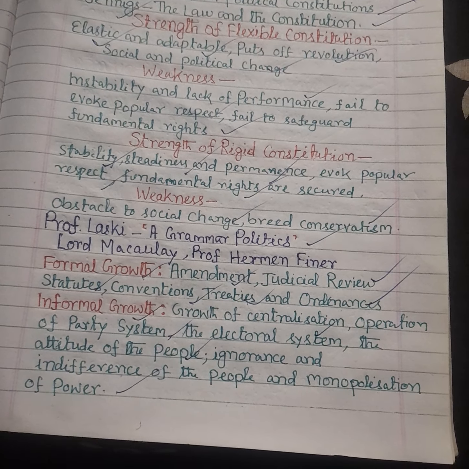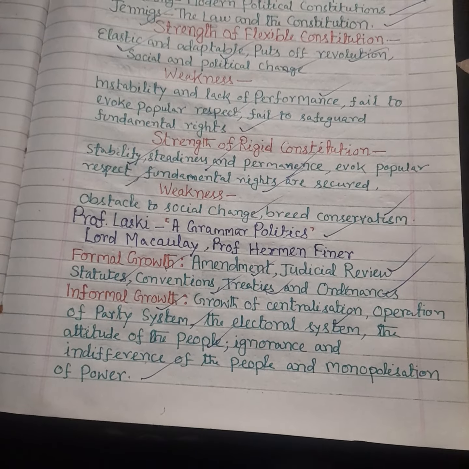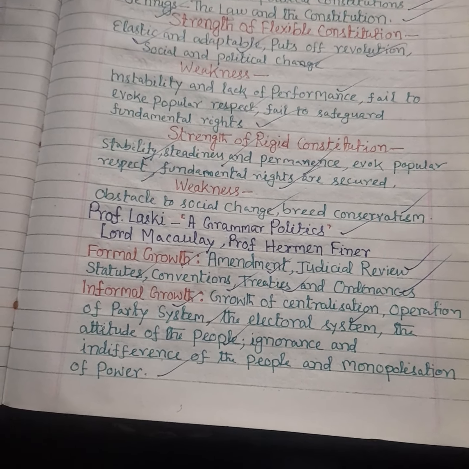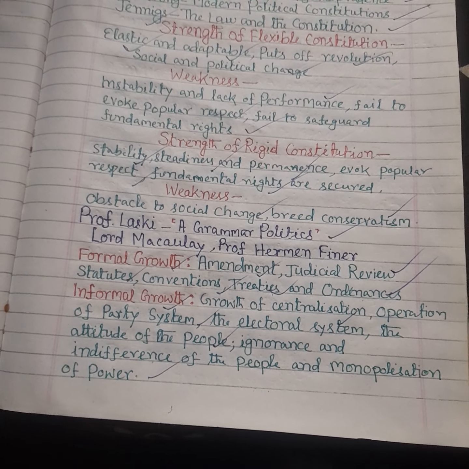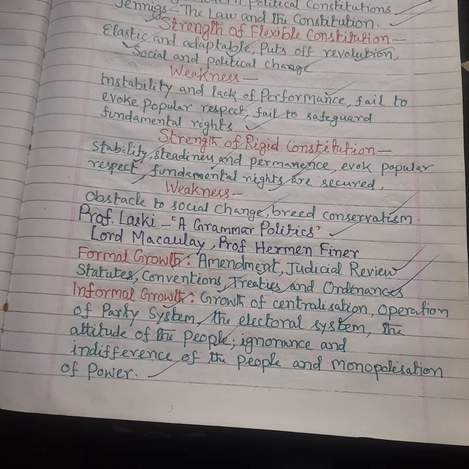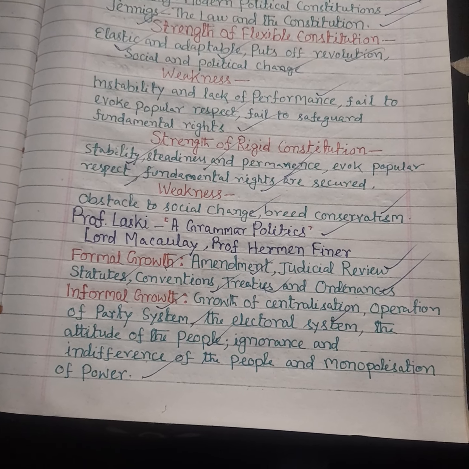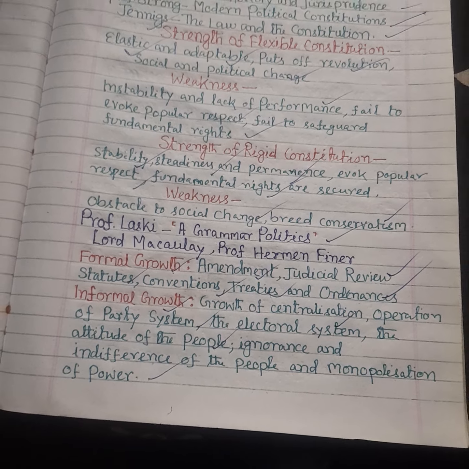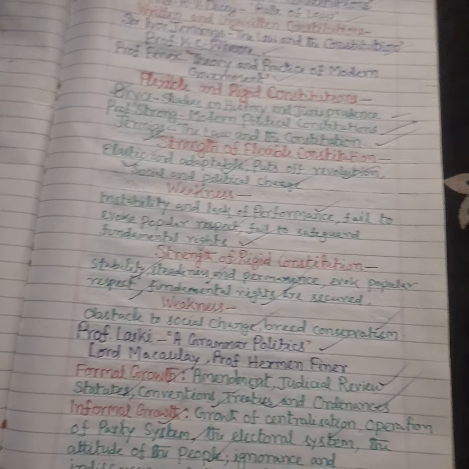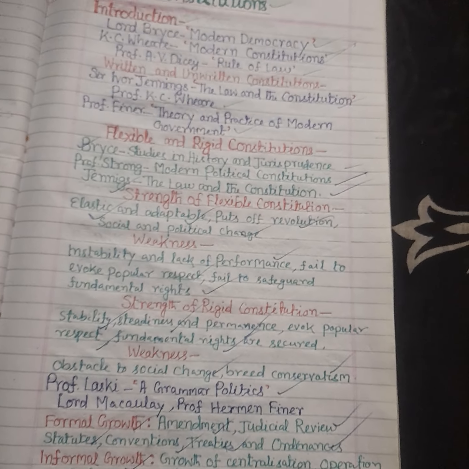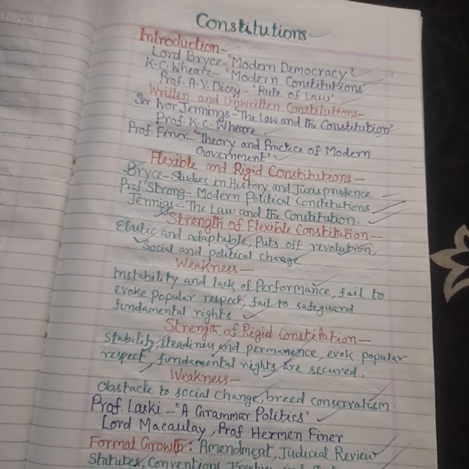So also the very growth of constitution and the constitutional system in two different ways: one is the formal growth of constitutions, and the second is the informal growth of constitutions. So, we have completed our lecture on another important legal and political concept, and that is the constitution.